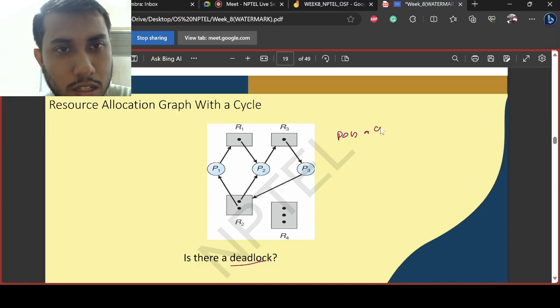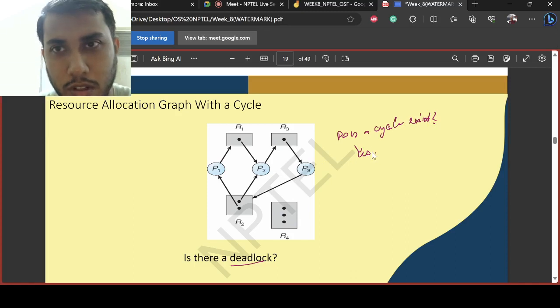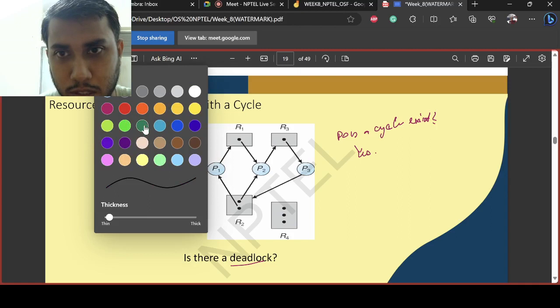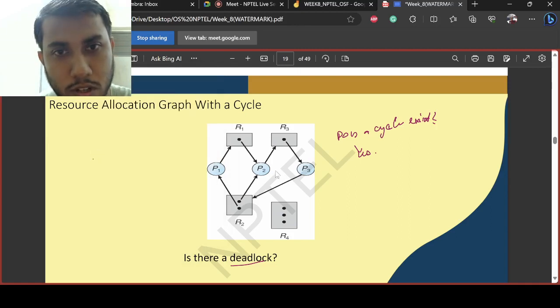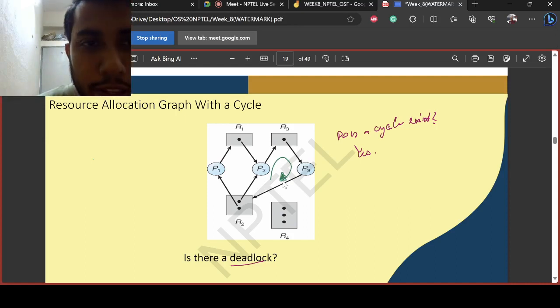Okay. So here, does a cycle exist? Answer is yes, because here is your cycle. Okay, so your cycle exists.